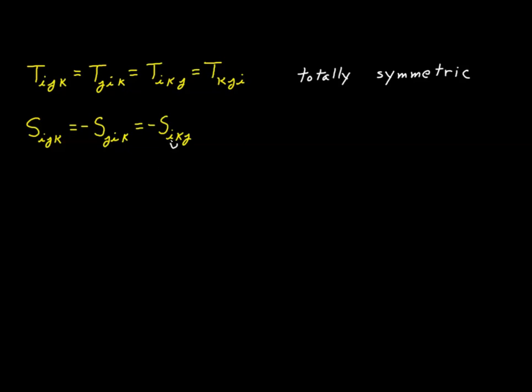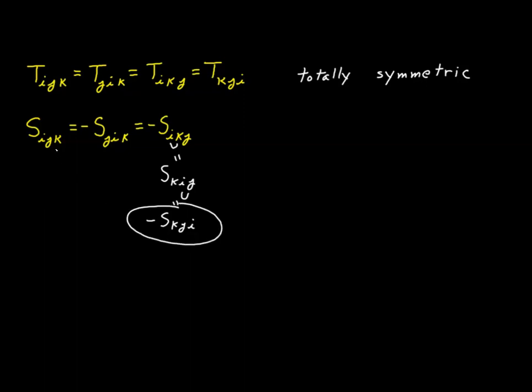And what did we learn about switching i and k? Well, it changes the sign of the expression. So switching i and k will give us a positive s_kij. And then we're going to flip these two. And again, we said that flipping those two will cause the sign to change. So now we're back to a negative s_kji. And all of these are equal to each other, as before.